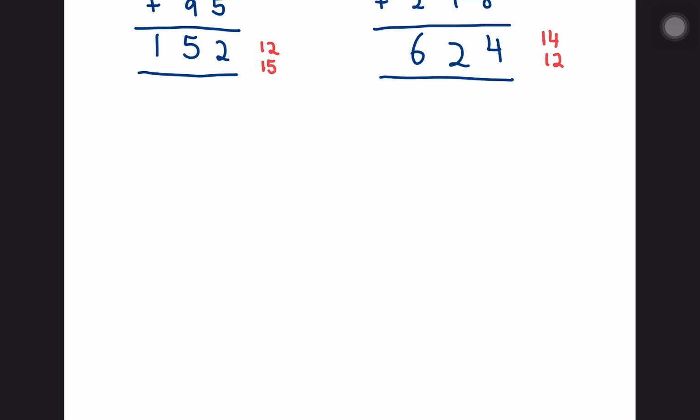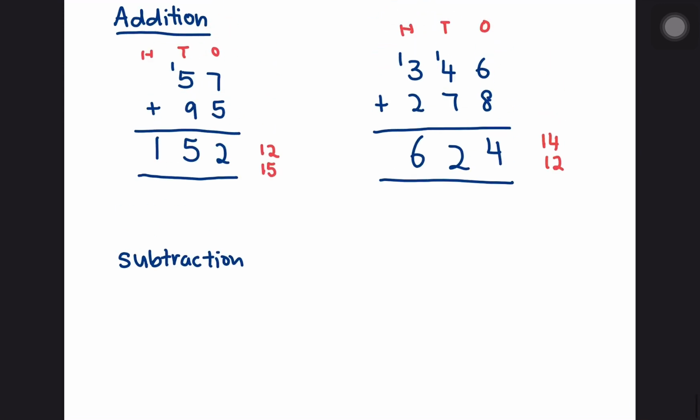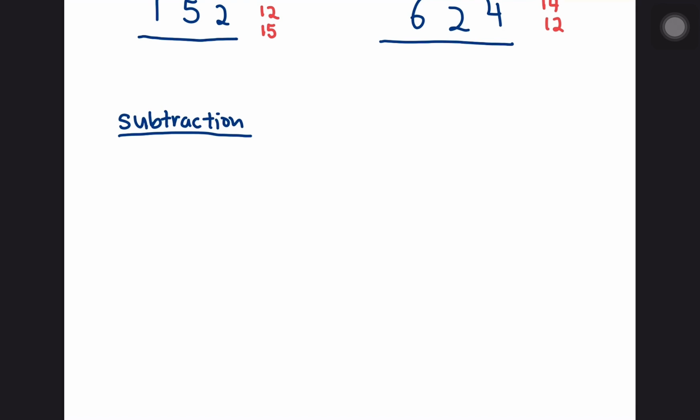Moving on to subtraction. Alright, so I'll be subtracting a 3-digit by a 3-digit number. So let's say I have 824 minus 297.